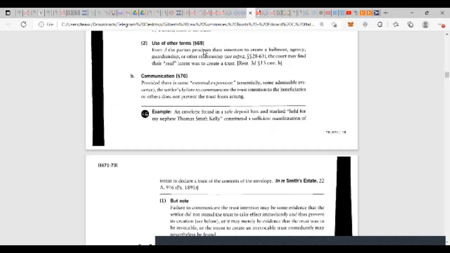Even if the parties proclaim their intention to create a bailment, agency, guardianship, or other relationship, see Sections 28 through 61, the court may find their real intent was to create a trust. Restatement 3d, Section 13, comment b.